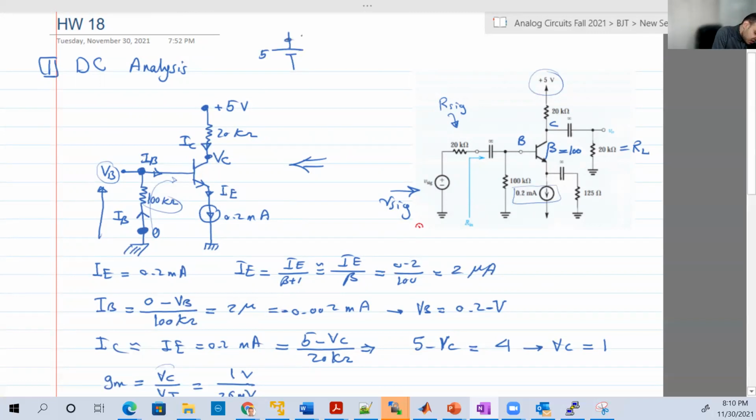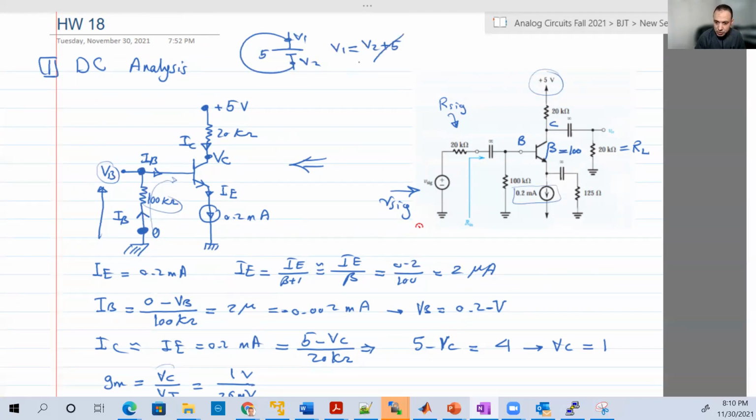So if this is V1 and this is V2, then V1 will be equal to V2 plus 5. To cancel its effect, make V1 equal to V2. How do we do that? Just short it. Then you cancel its effect because now V1 is forced to be equal to V2.